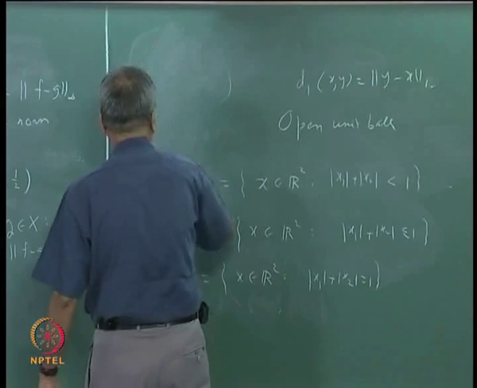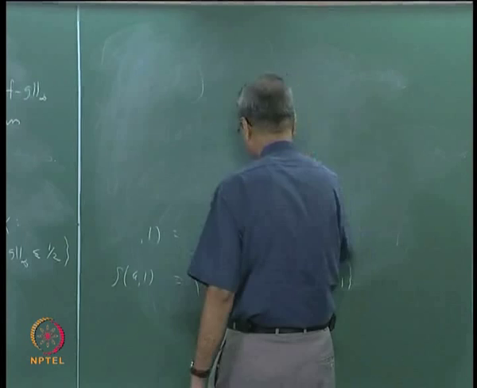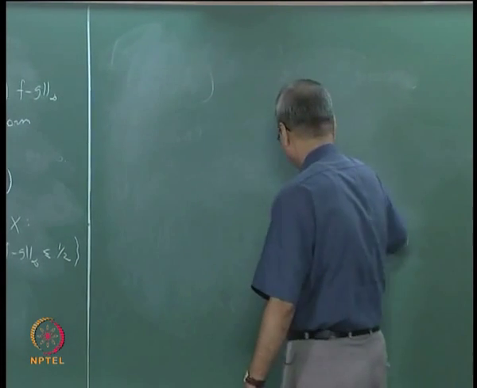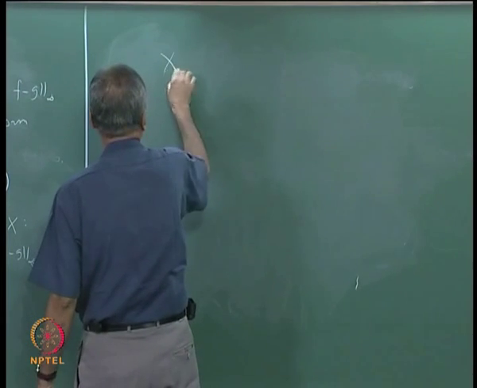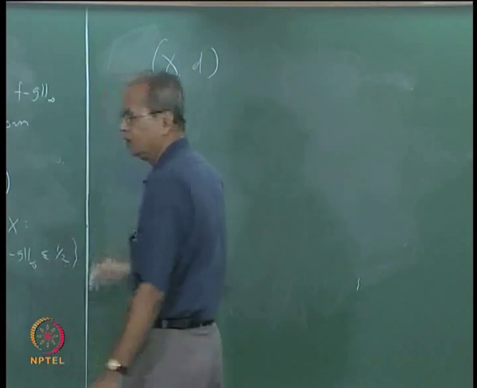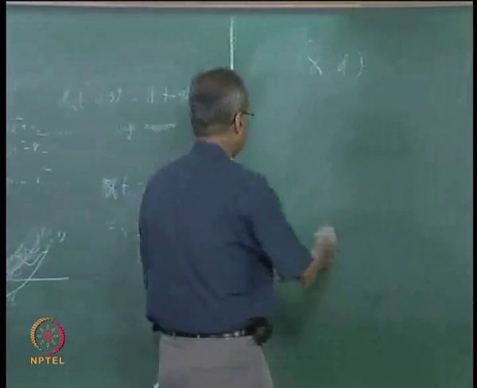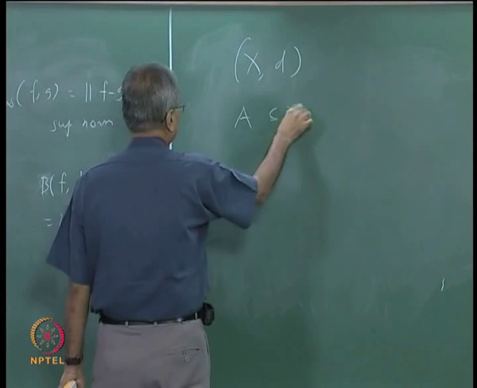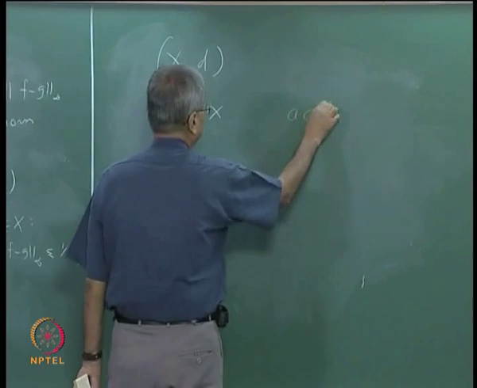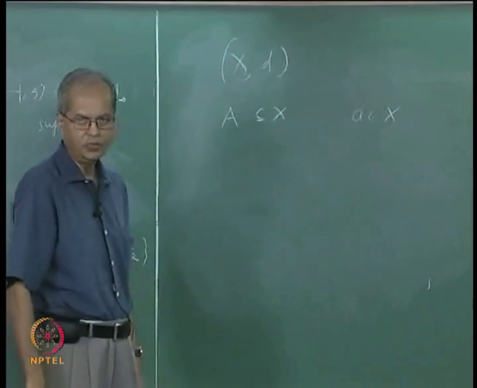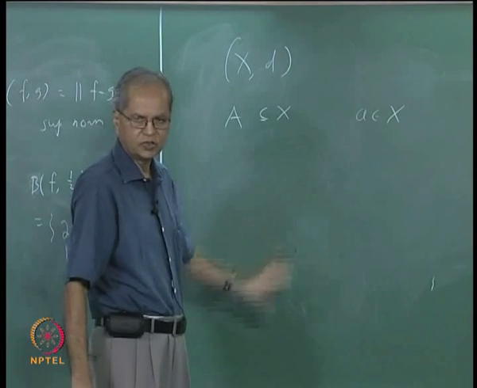I think this is enough to begin with as far as examples are concerned. Let us now proceed a little further with the theory. Let us say we again have a metric space (X, d). Now what we want to consider is the position of a point relative to a given subset. Suppose A is a subset of X, and let us say we take some point, small a, in X. This point may or may not belong to A; we consider the general case.